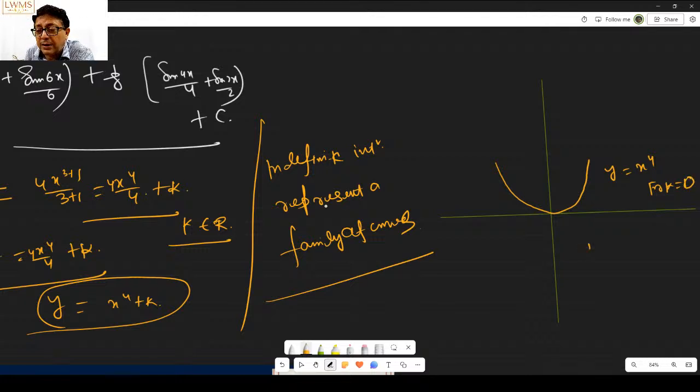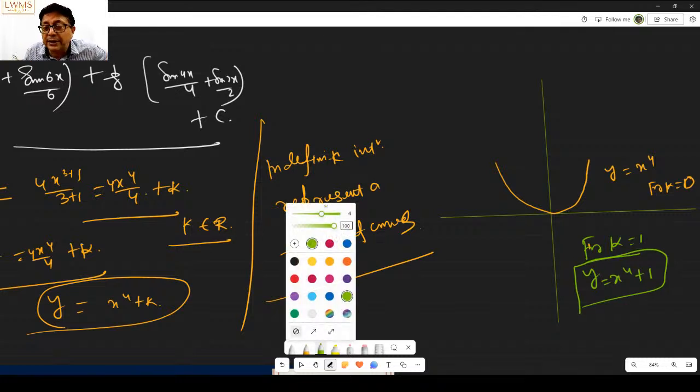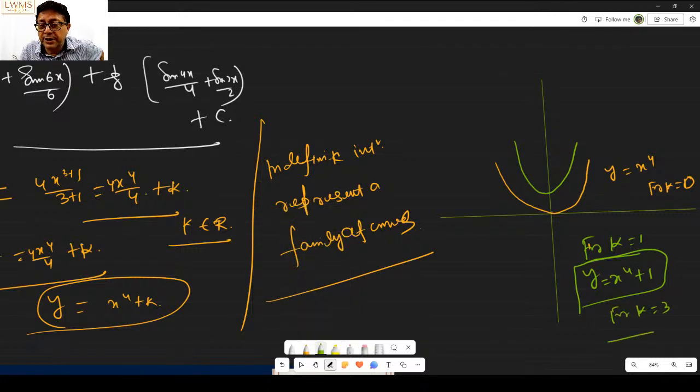If we take k equal to 1, what will I get? y equal to x^4 plus 1. So you will be just shifting this curve upward, the same curve upward, similar. Never think that it is a different curve. If you take k equal to 2, what will happen? Or 3, it will shift 3 units, and there you plot the graph.